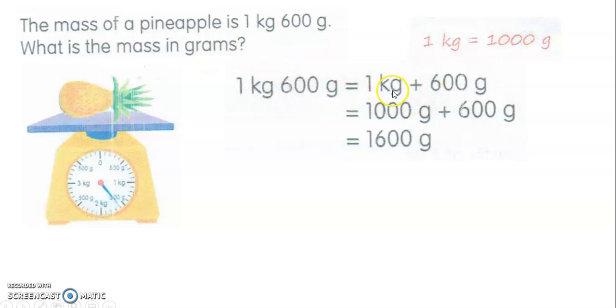Alright, now we have 1 kilogram plus 600 grams. The 1 kilo is 1000 grams, so we put 1000 grams plus 600 grams. We add them. 1000 plus 600 is 1600 grams. So the mass is 1600 grams.